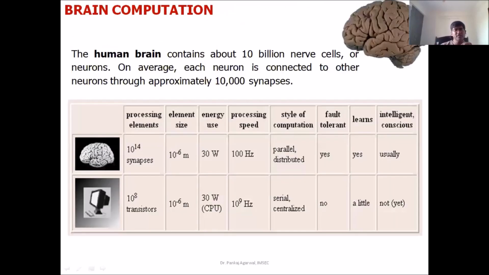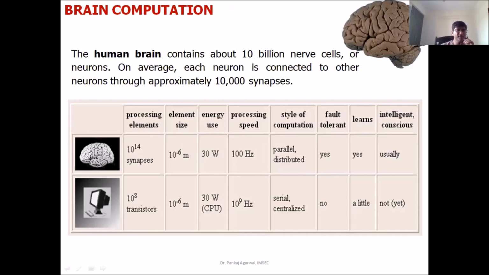Now, as we have already discussed, the entire motivation for neural networks comes from the human brain, from the huge capability that the human brain possesses, which has millions of billions of nerve cells, or neurons, working in a very connected, distributed and parallel manner.